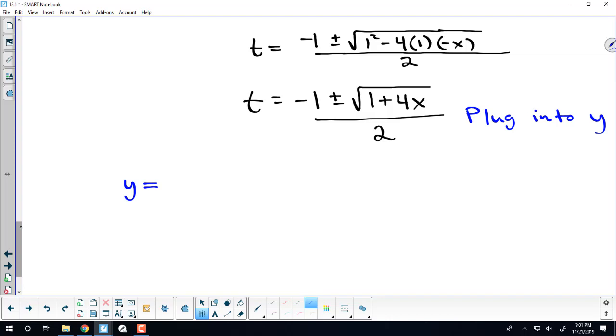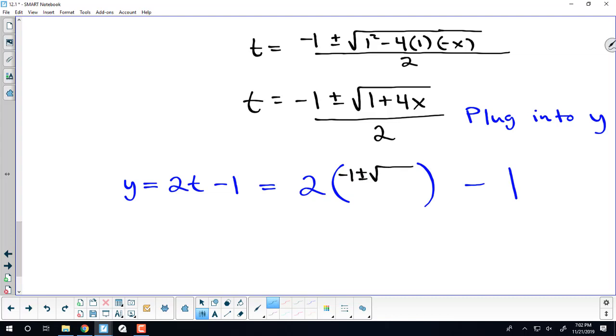So y was what, 2t minus 1, or 2 times t, minus 1. And so the 2's divide out.